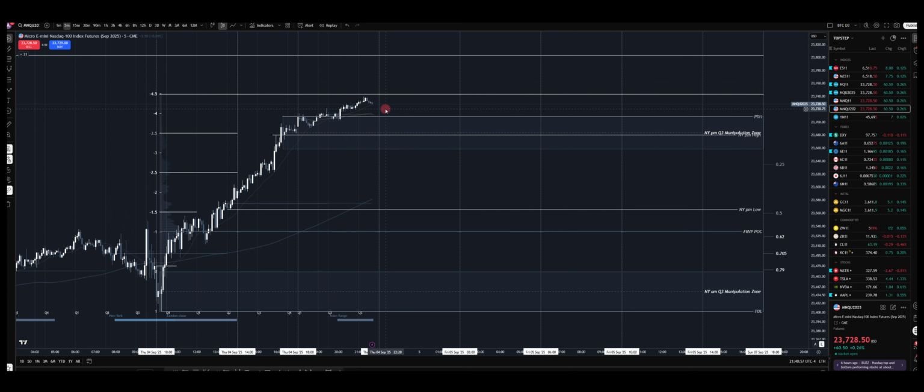If we're just consolidating in here and we don't get any clear looking pivots above or below Asia low or high, then we don't have to do anything. I really want those clean manipulation swings. Clean manipulation swings give us something to work with.